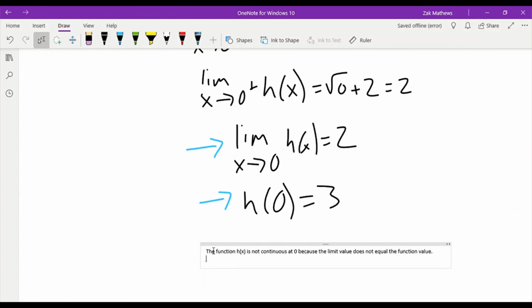Just like we said in the last case, because the domain was all real numbers, that means 0 is included in the domain. The function h of x is not a continuous function.